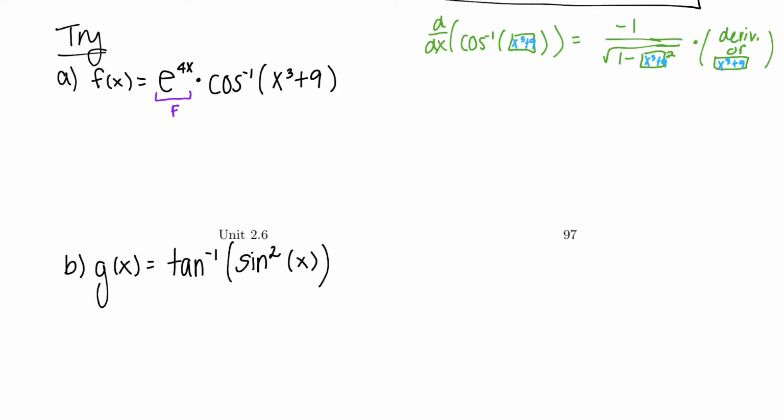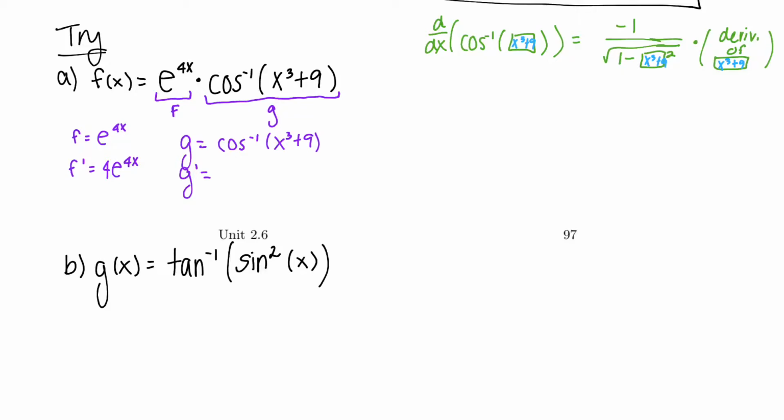So we're doing product rule. We have f and g. F is e to the 4x. F prime is 4e to the 4x. G is cosine inverse of x cubed plus 9.